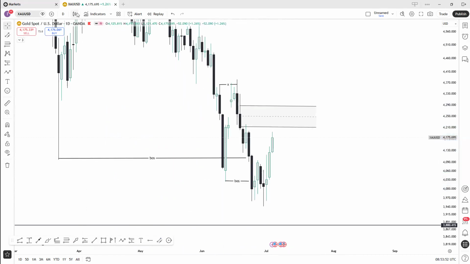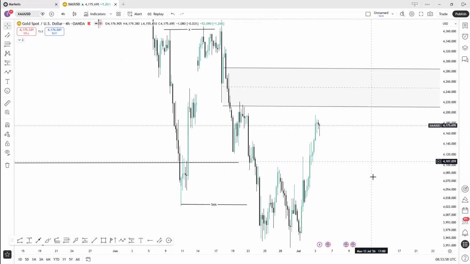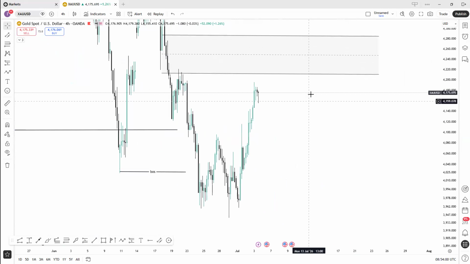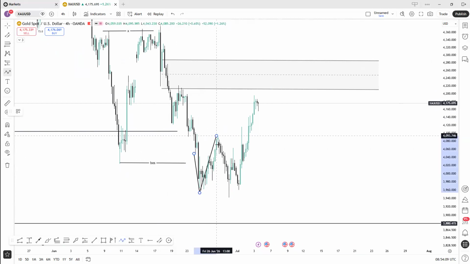Okay, and then shift your time frame to 4H. On the 4H time frame, this is a very clear structure. You can see here price took out liquidity with the high, also took out liquidity again, and created a shift here.